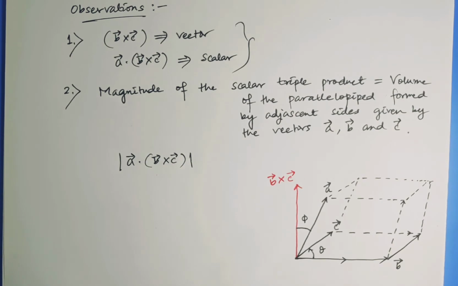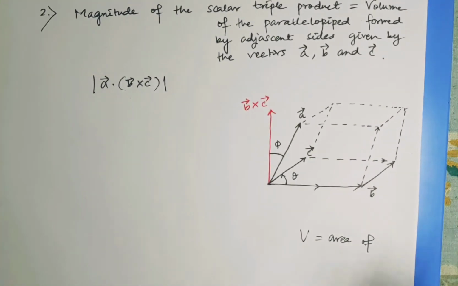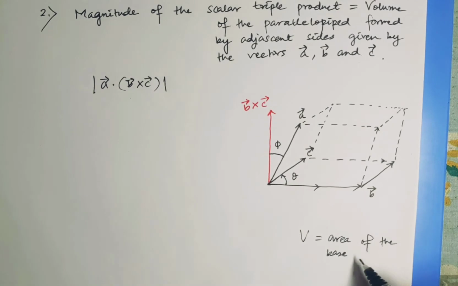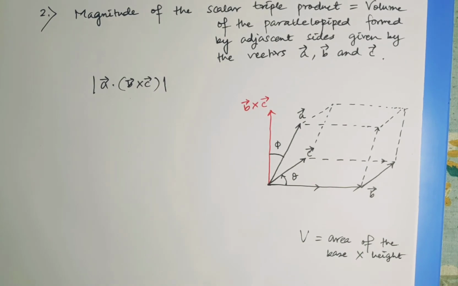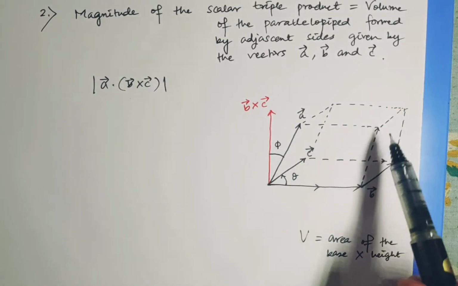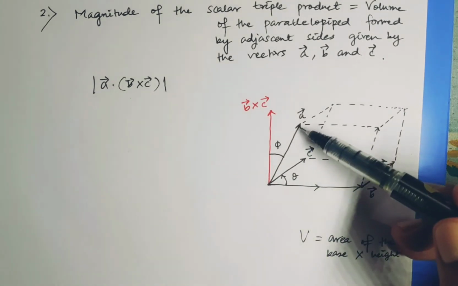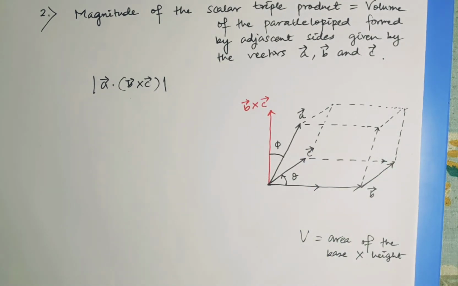Volume of the cuboid is area of the base multiplied by the height. Yes or no? That's the volume of the cuboid, right? Now same here, the volume of the parallelepiped will be the area of the base multiplied by the perpendicular height, right?